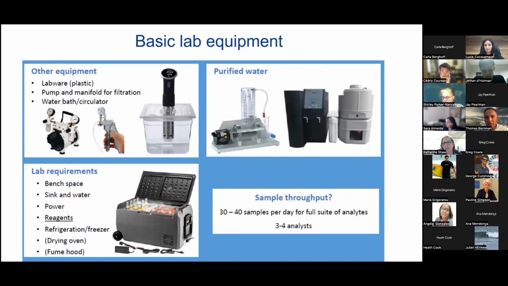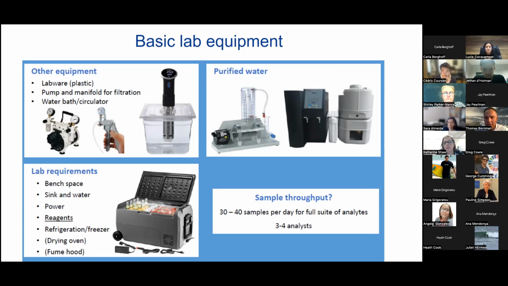Additional equipment that you will need to do it includes a pump and manifold, a water bath, which is quite easy to build yourself with basic equipment you can buy from any supermarket. You will need sink, water, power, reagents, a refrigerator, and a freezer. And one of the scarcest commodities, I would say, in these under-resourced countries is purified water.